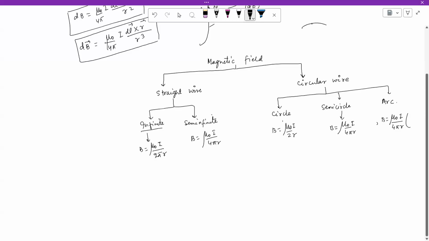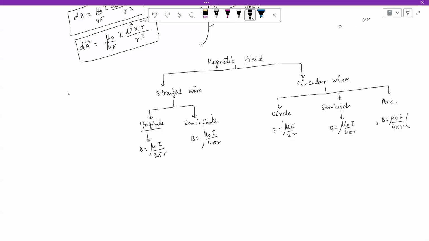So let's say this is dl, and this is r, and this is your theta. If you solve this, I dl cross r would be dl and r and then sine theta.